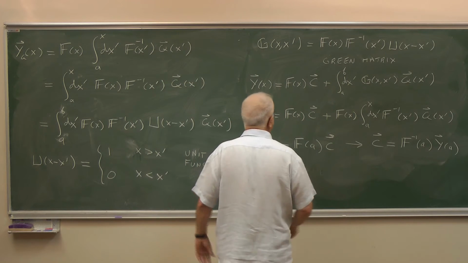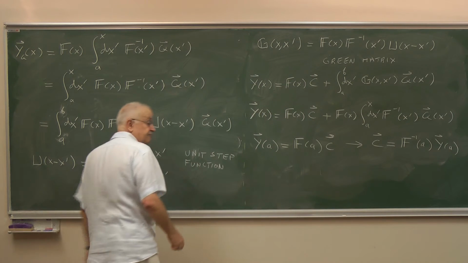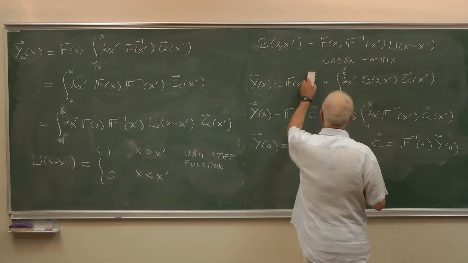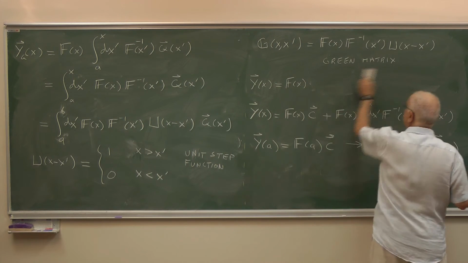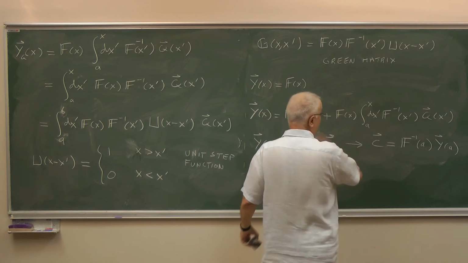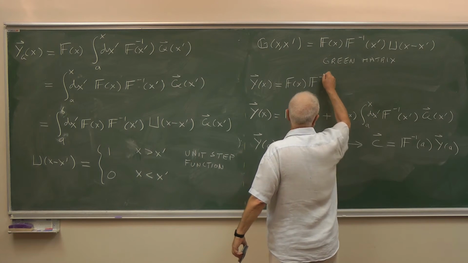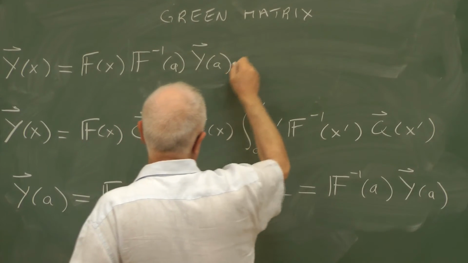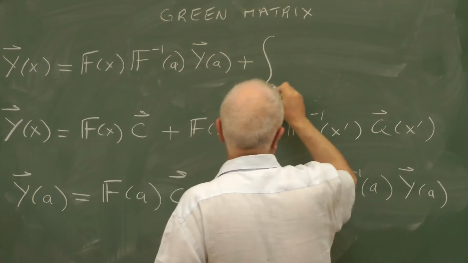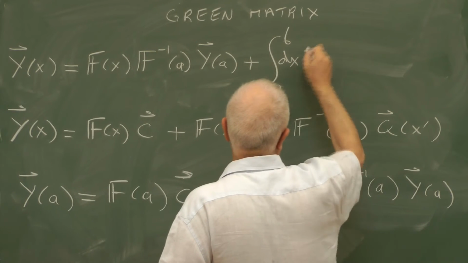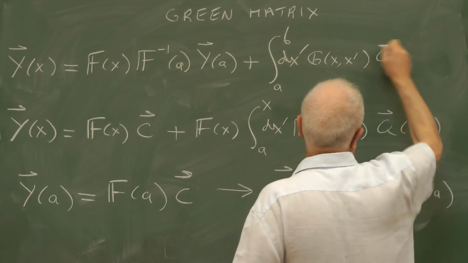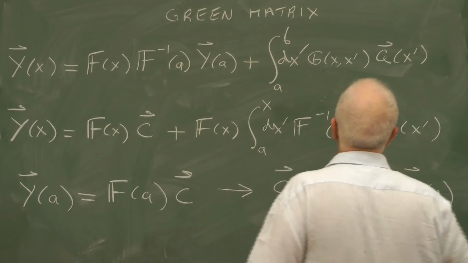Therefore, y of x, doing it here, will be F of x, F inverse of a y of a plus integral a to b dx prime G of x, x prime q of x prime.